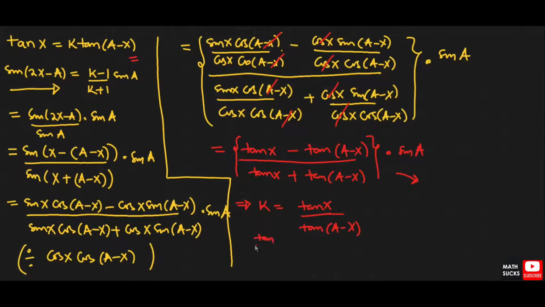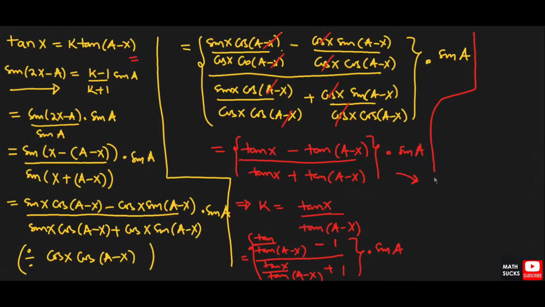So from here, this is going to give us tan x over tan of a minus x, then minus this is going to be 1, everything over tan x over tan of a minus x, but now plus this is going to be equal to 1. So this is what we have multiplied by sine of a.